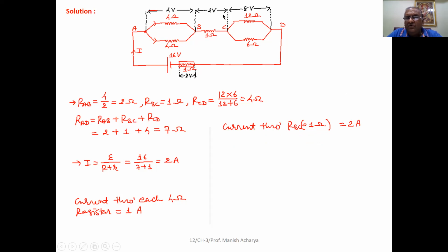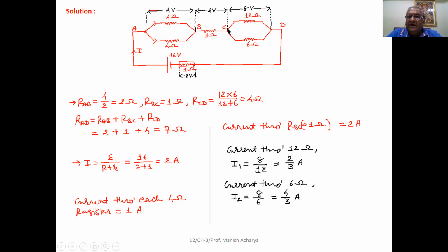So 2 volt potential difference will be there between B and C. Then after, at C, again these 2 ampere will be distributed in 2 parts. But now see here, between AB, the potential difference is 4 volt.